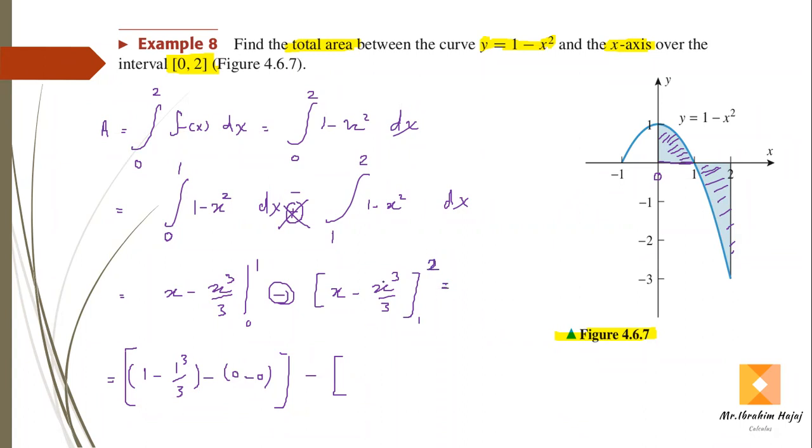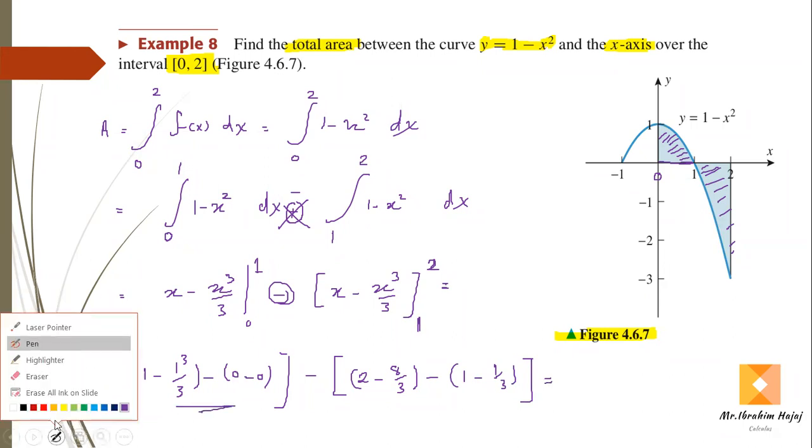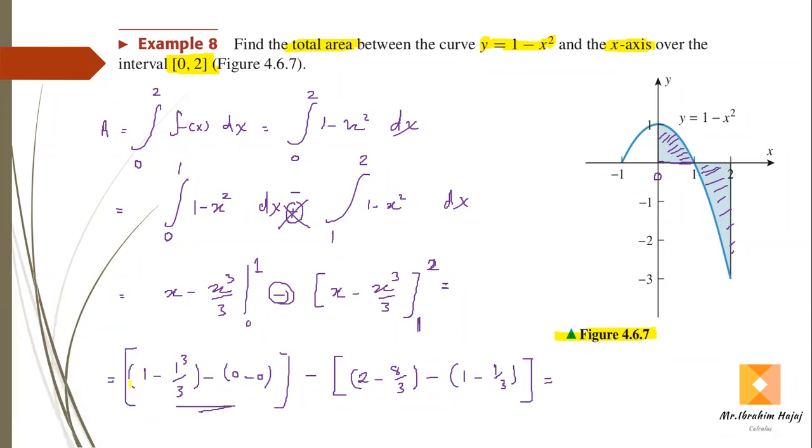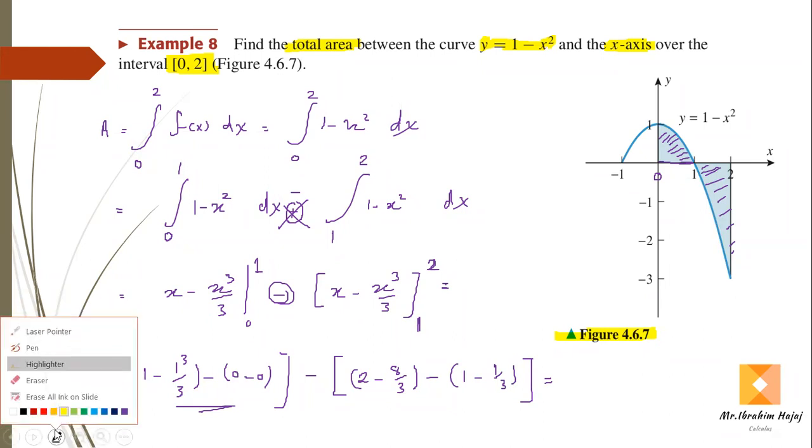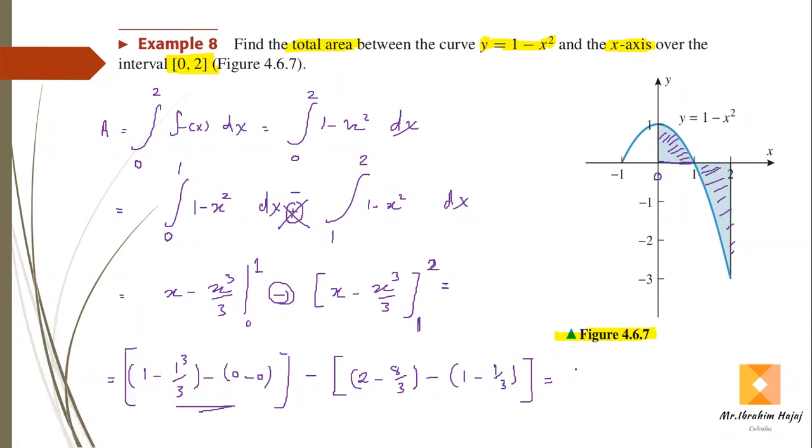I start with 2: 2 minus 2 cubed over 3, which is 8 over 3, minus the 1 here, which is 1 minus 1 over 3. The first bracket gives 1 minus 1/3, which is 2/3, right?